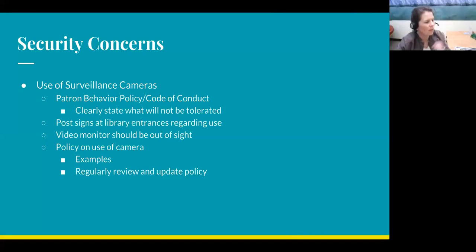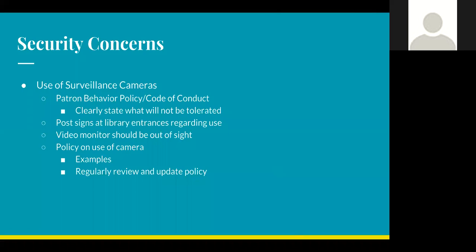So here's another question. Do you have to have anything in the surveillance camera policy regarding handing over video to authorities? Well, yes, you do. We're going to show you some examples. If a library has experienced theft or vandalism or any suspected criminal activity, you are certainly within your right to voluntarily supply the images to law enforcement.